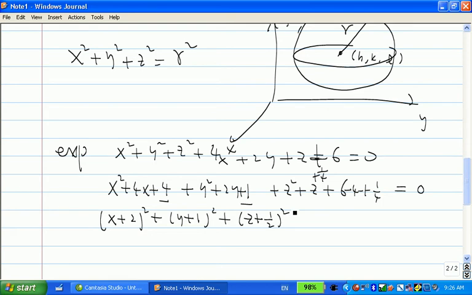That's why I add 1/4 there, because when you expand it, you get z squared plus 2ab, which gives you z, plus b squared, which gives you 1/4.